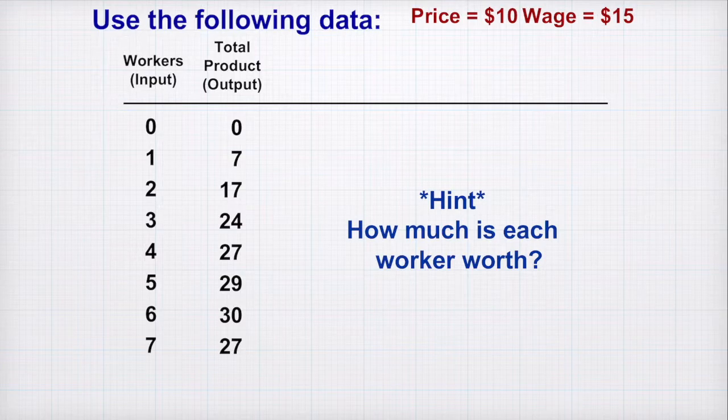What is the value of each worker? So what you can do now is pause the video and see if, without me going over all of the steps, you could figure out how many workers it would make sense to hire given this price and the wage. So pause the video and see if you can figure out the profit maximizing number of workers to hire. And again, just think about how much each worker is really worth.